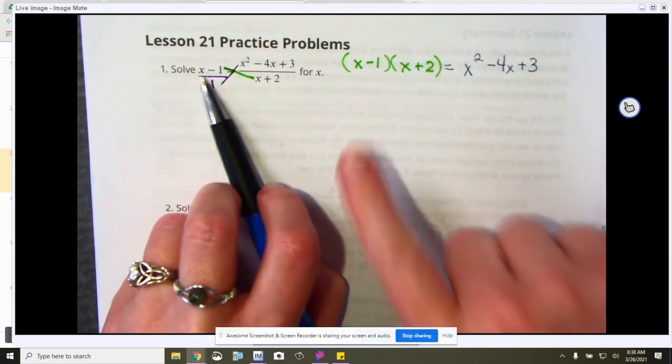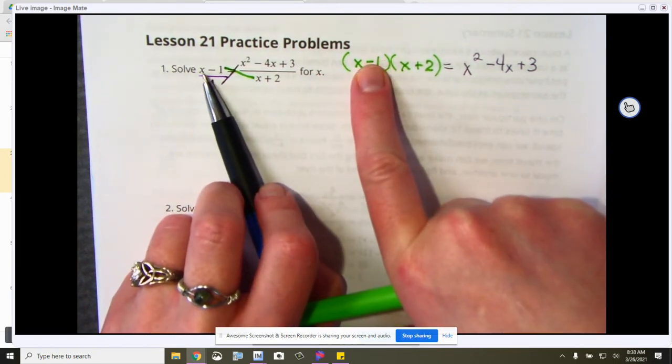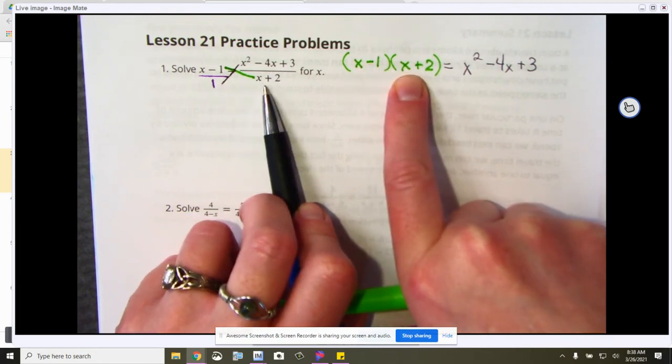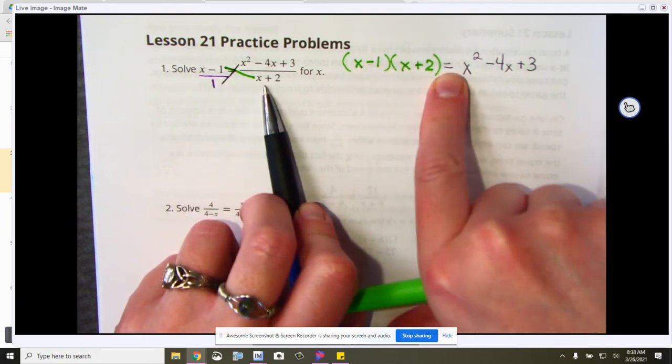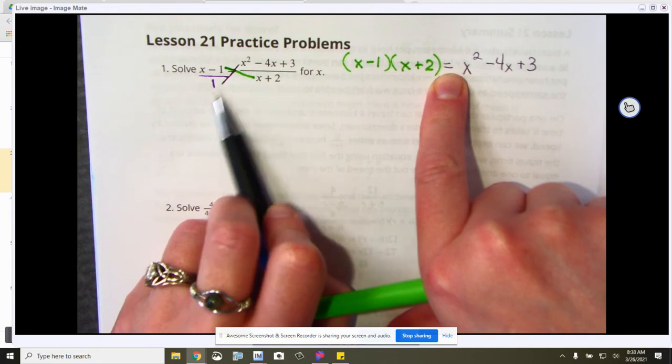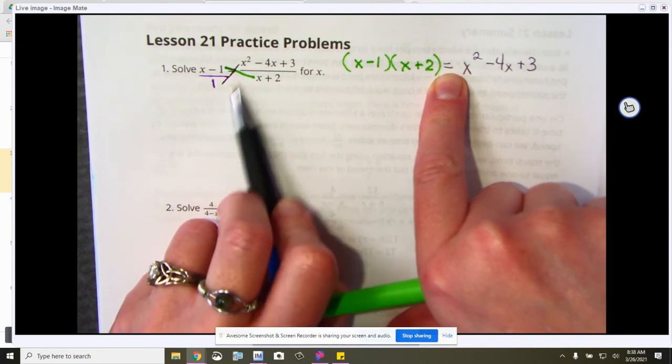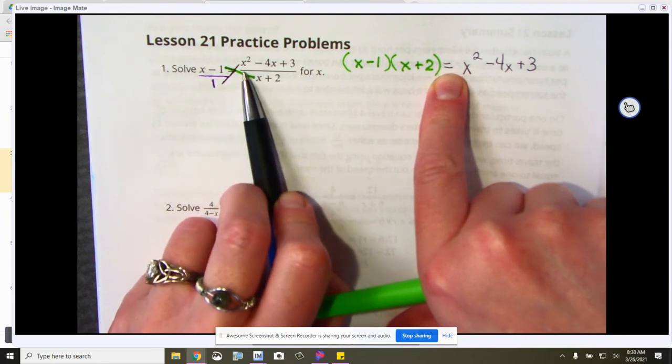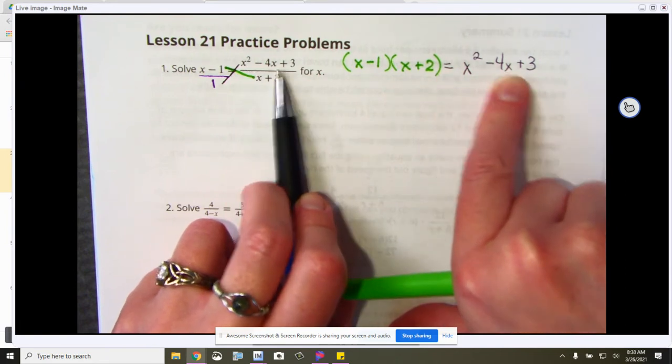So I've multiplied crosswise x minus 1 times x plus 2 equals my cross multiplication in this direction: 1 times x squared minus 4x plus 3.